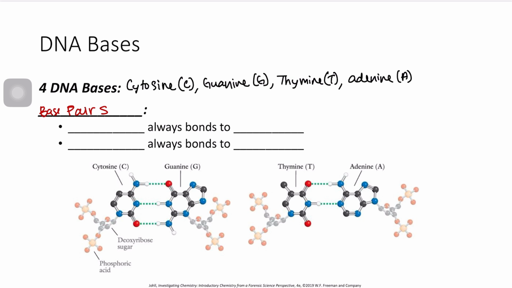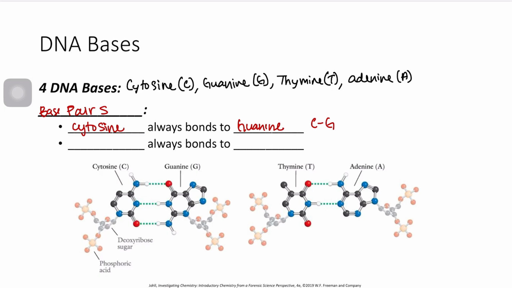So cytosine always bonds to guanine. So what that means is you will have what is called a CG pair.